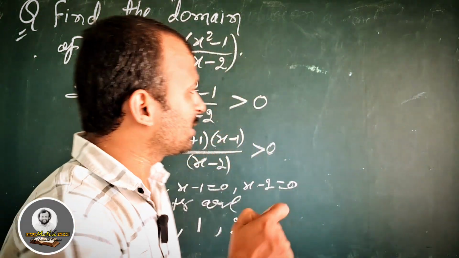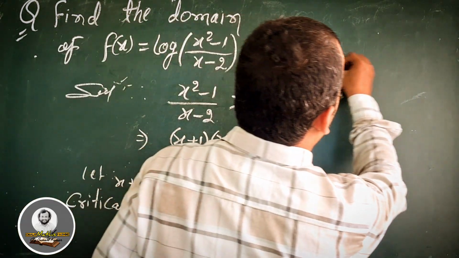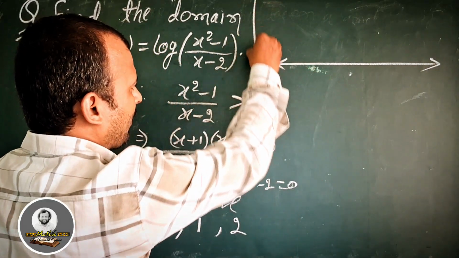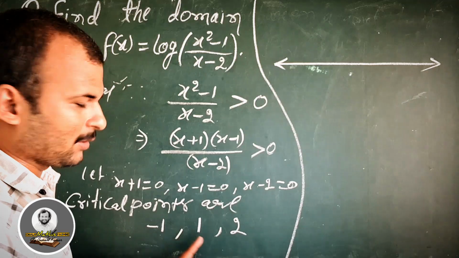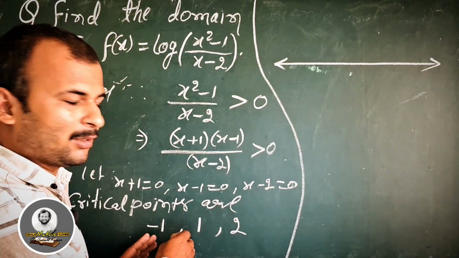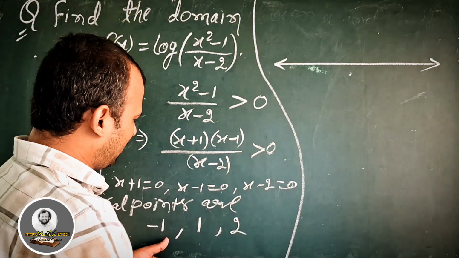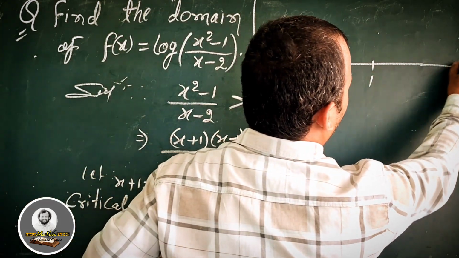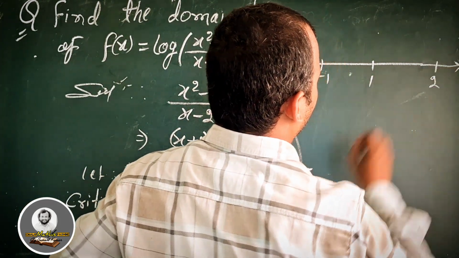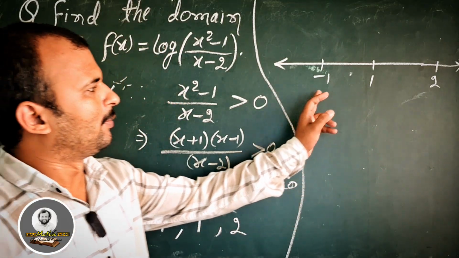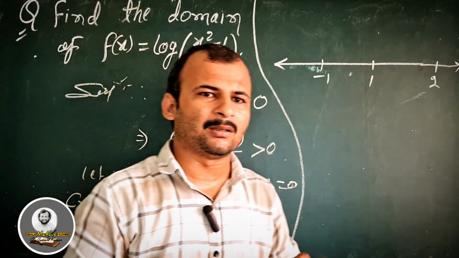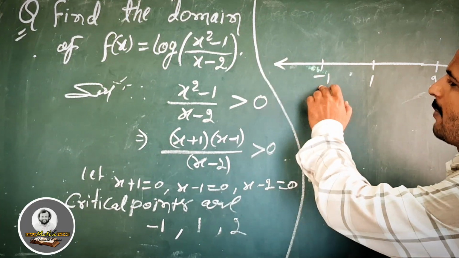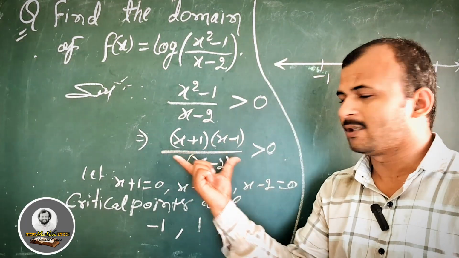We have these three critical points. Now we use the sign scheme, meaning sign analysis, and we denote these points on the number line. Here this is -1, this is 1, and here 2. Okay, we put a value of x less than -1 in the given inequality.